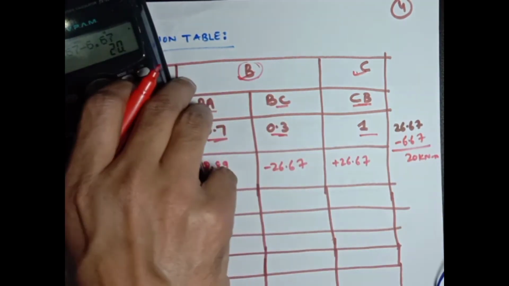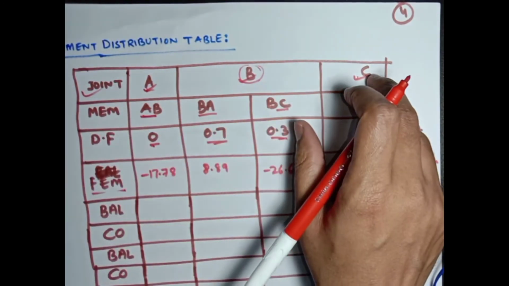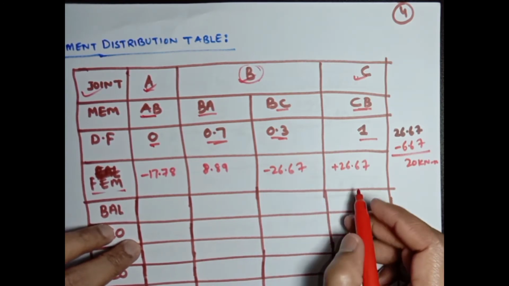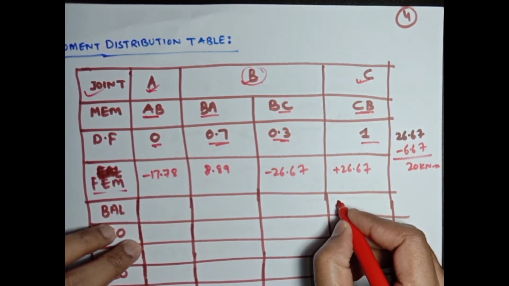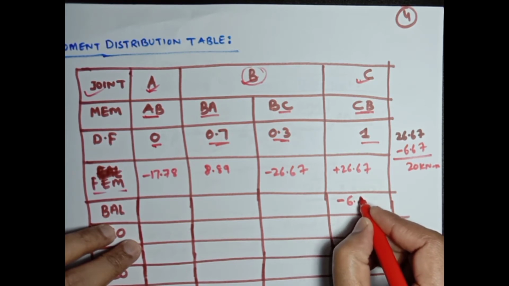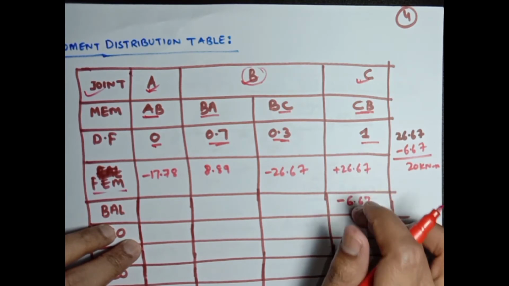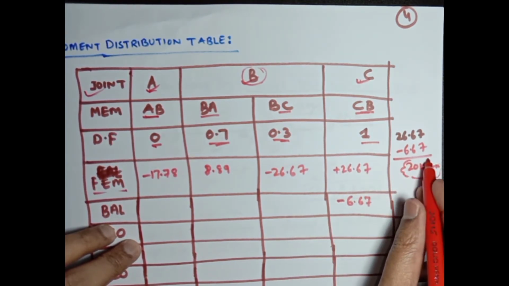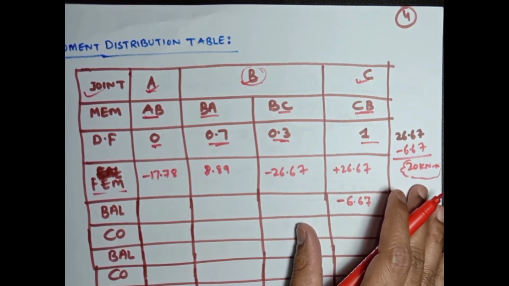That is the external moment, or you can say the initial moment, which is subjected at joint C for the overhang moment. That is why we are putting a value with negative sign, that is, the balancing moment will be minus 6.67, so that summing this and this will give a value of 20 kilonewton meter, which is the external or initial moment at joint C, where we have removed the overhang part.